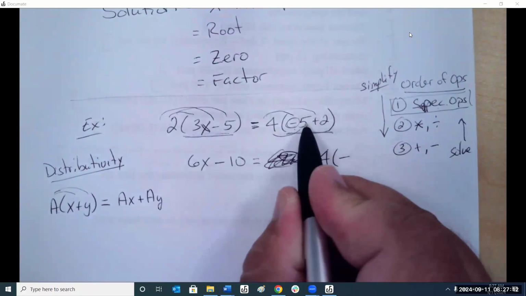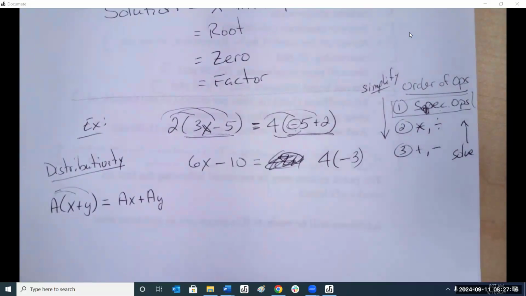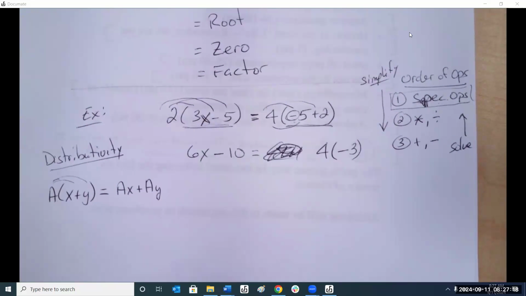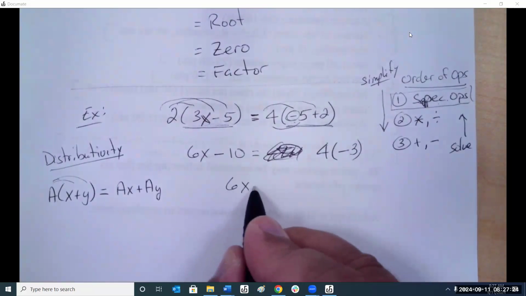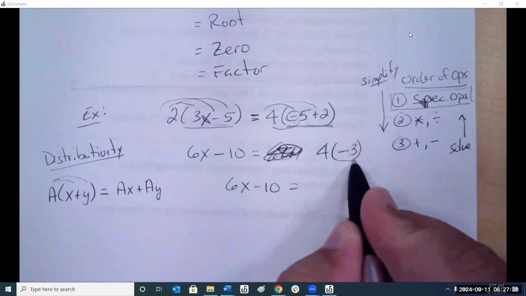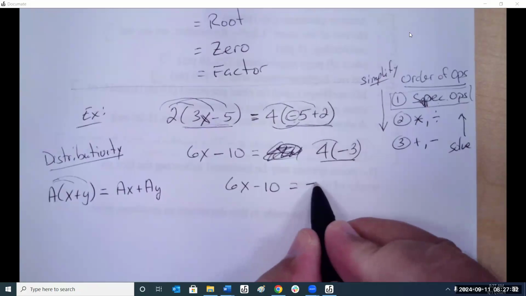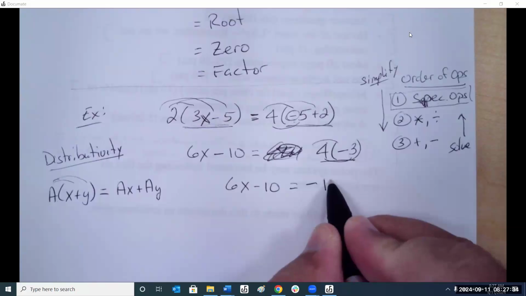Since we're different signs, we subtract. 5 minus 2 is 3. Parenthesis, we can't do anything inside there, so we have to get rid of it. Positive times negative is negative. 4 times 3 is 12.